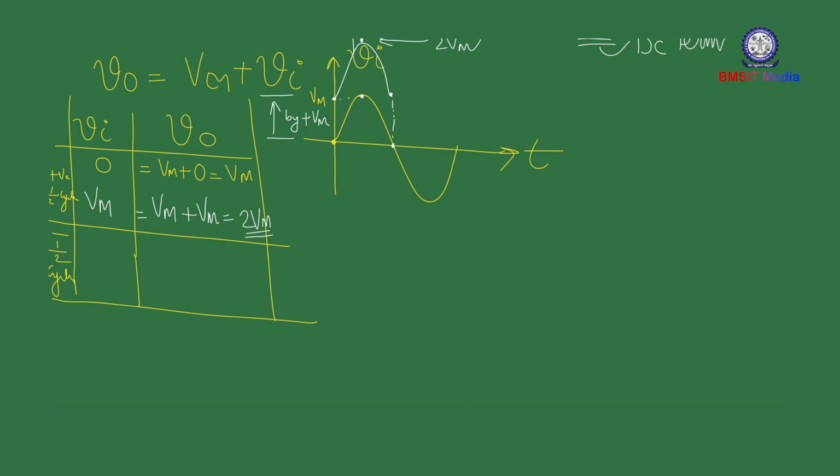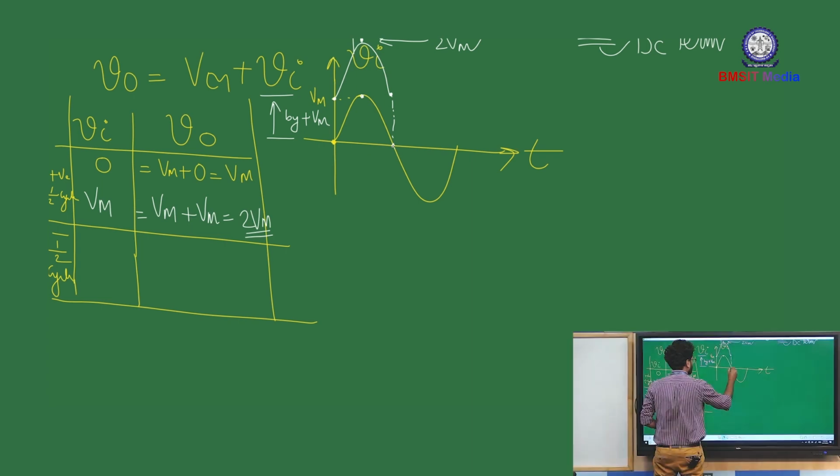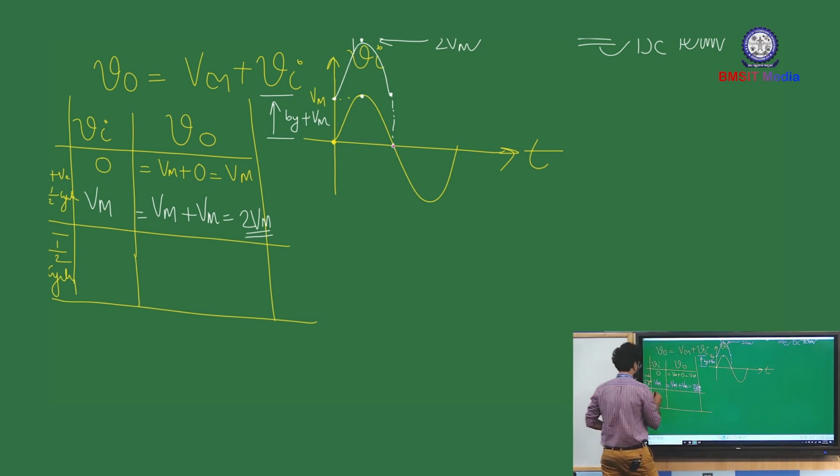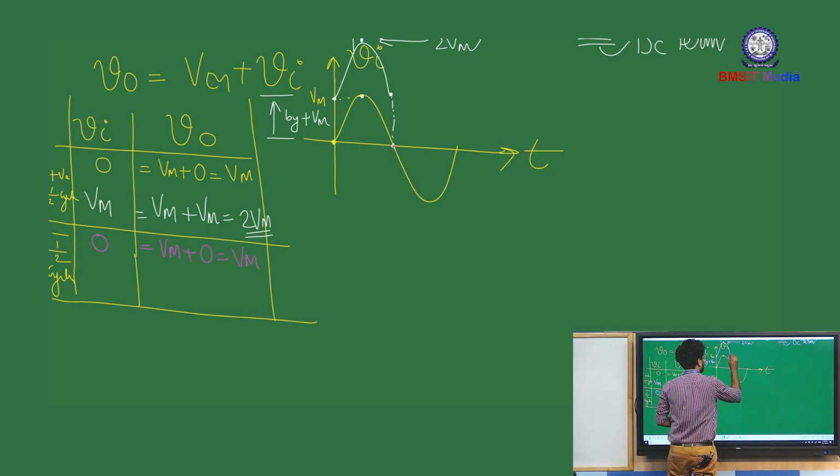During the negative half cycle, let me use a different color here. When your input reaches 0 volts, the output is going to be Vm plus Vi. And what is Vi? Vi is 0. So the output will be at Vm volts, somewhere here.